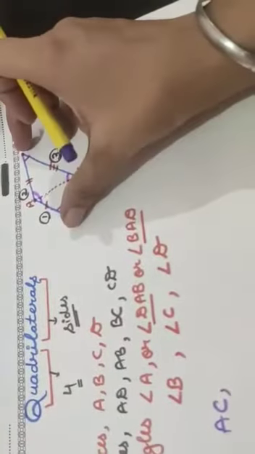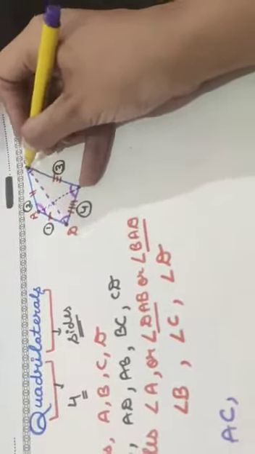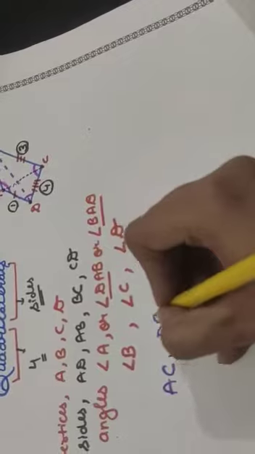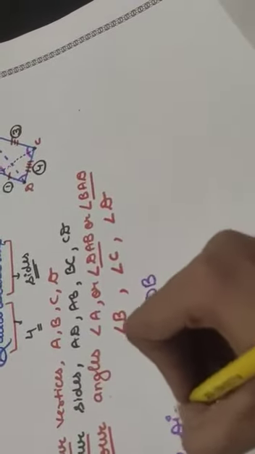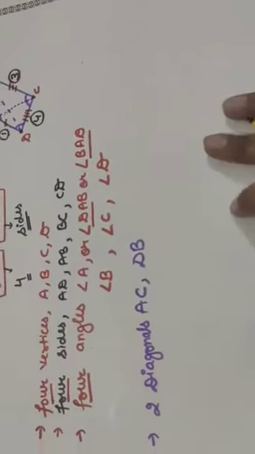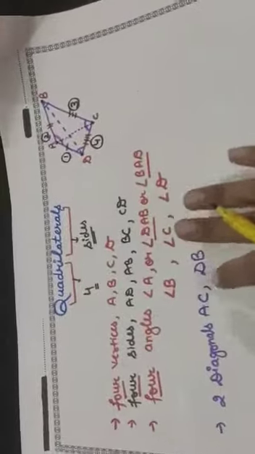Similarly B and D are opposite vertices, and the line made by joining them is the other diagonal, BD or DB. So a quadrilateral has two diagonals which are named as AC and DB. Okay, so this is about the quadrilateral.